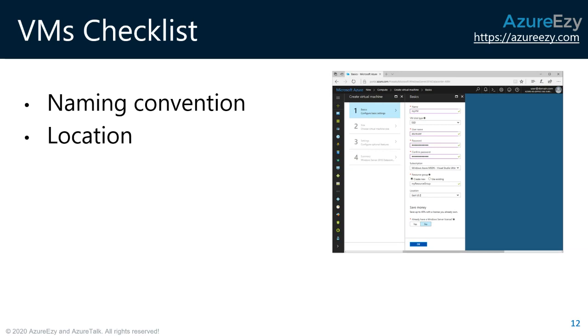Based on these locations, Microsoft has something called a region. This is the region we are going to define when we select the location. When you select the location, it will come up as a drop down in the portal, and it will say Central India, South India. Similarly, for the United States, Central US, East US 2, West US 2, South Central US, something like that. You need to select that location.